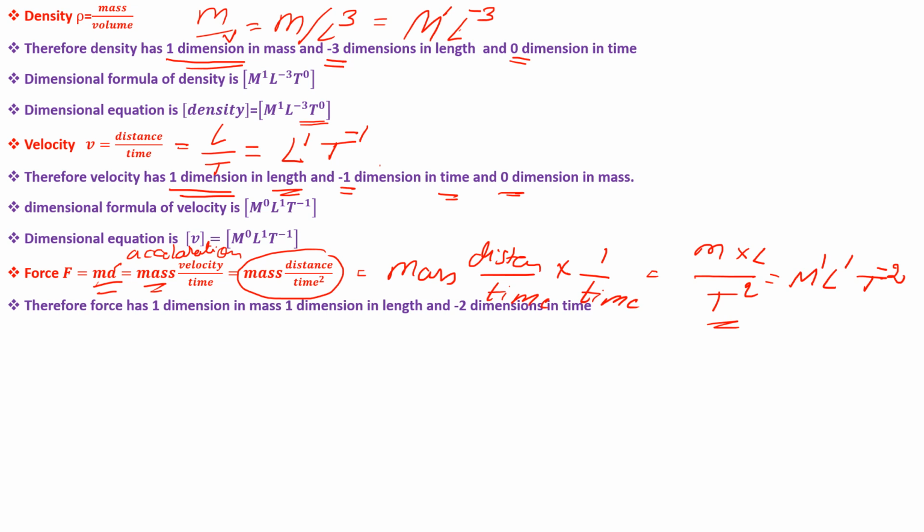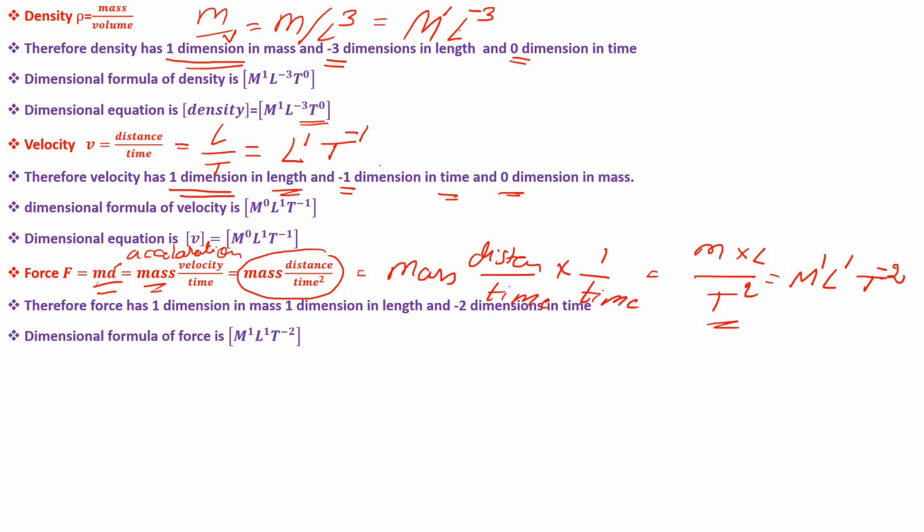It is dependent on mass, length and time, all the three quantities. In the previous examples, it was not dependent on all the three fundamental physical quantities, but here the force is dependent on mass, length as well as time.